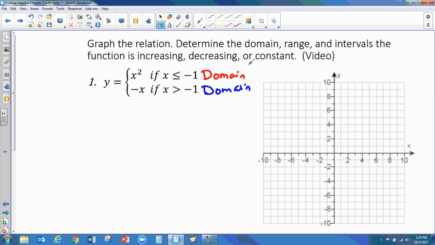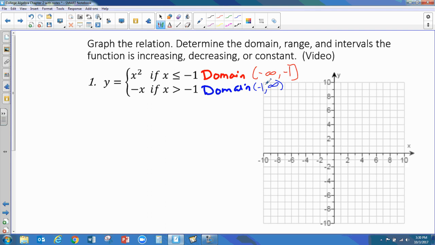So -1 is as big as this function will get. So this would be from negative infinity to -1, and then I see an equal sign on there, so I know that it is included. And then I look at the domain of the second piece, and I see, okay, x is bigger than -1, but it's not included. So there's the domain of the second piece.